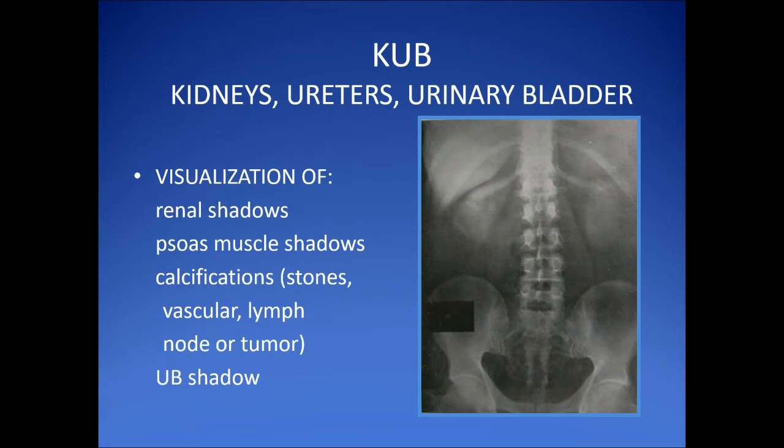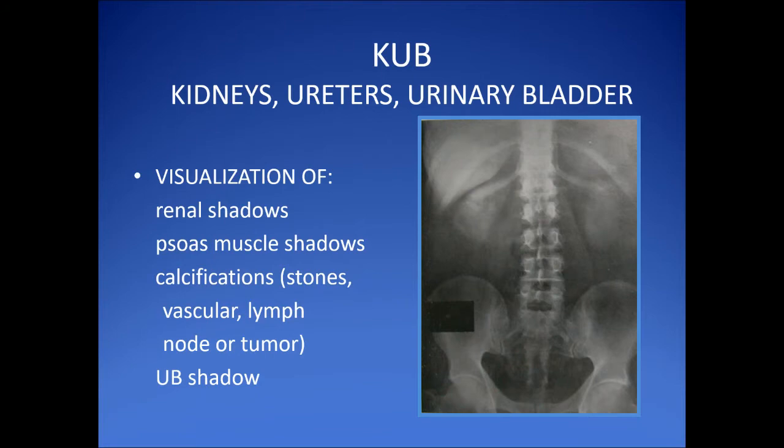In KUB, you could visualize the renal shadows, the right and the left side. You can also see the right psoas muscle shadow and the left psoas muscle shadow. You have to evaluate the size of the kidneys, the location, and the renal outline.